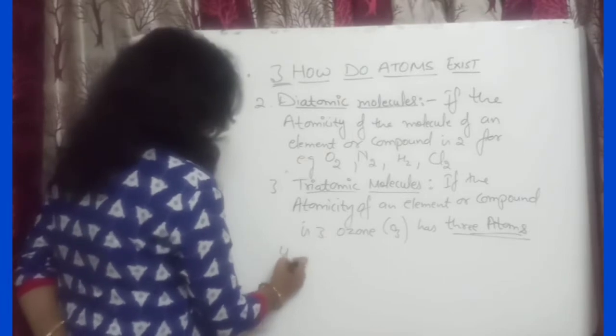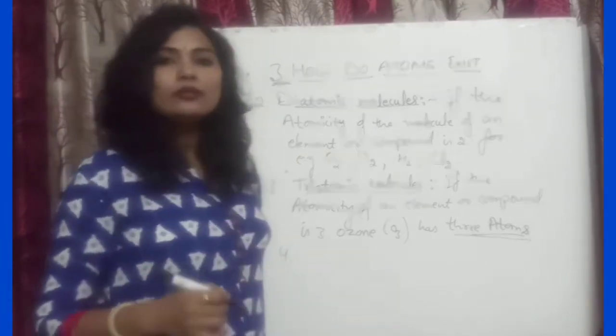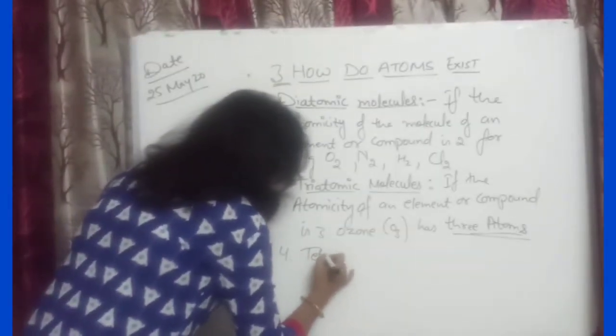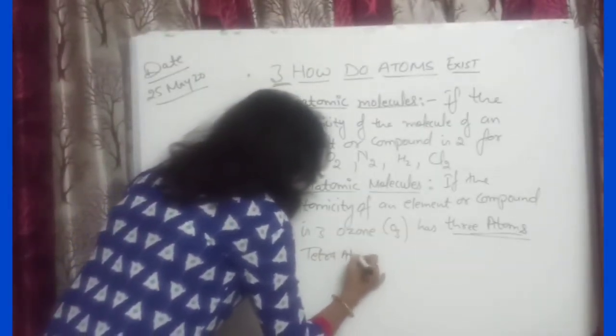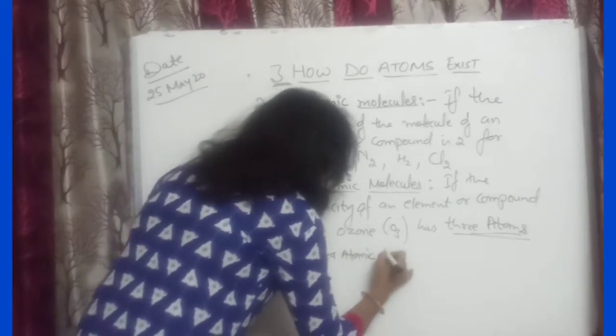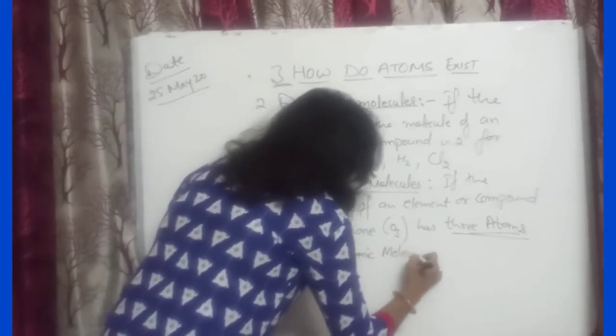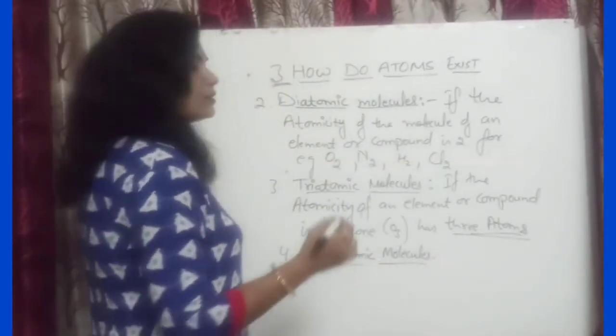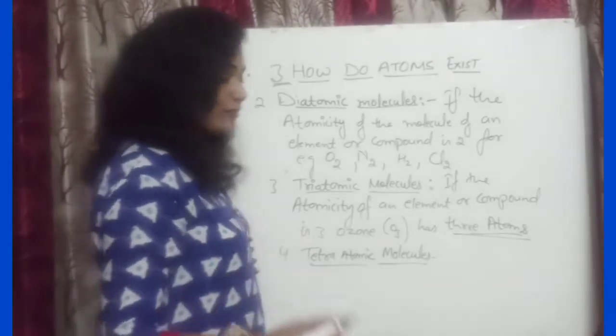Now the fourth is the tetraatomic molecule. Tetra means 4. A tetraatomic molecule means the atomicity of the molecule of an element is 4.